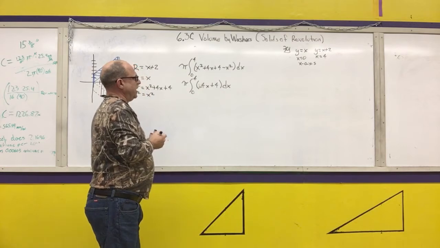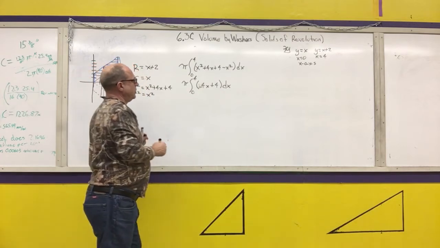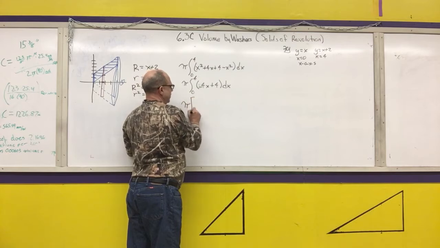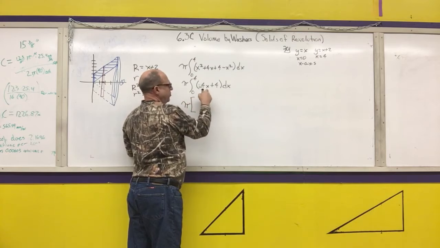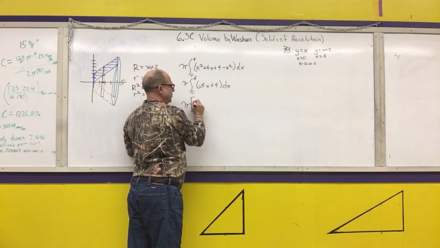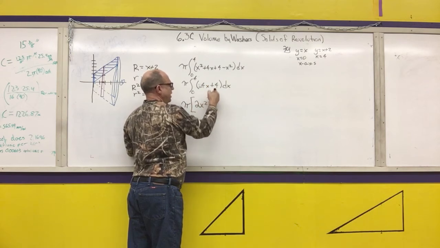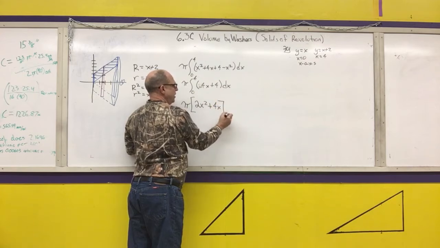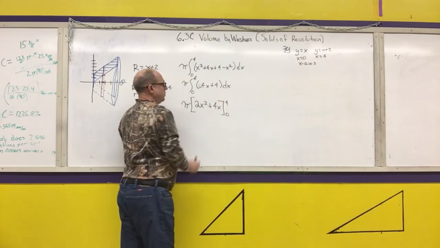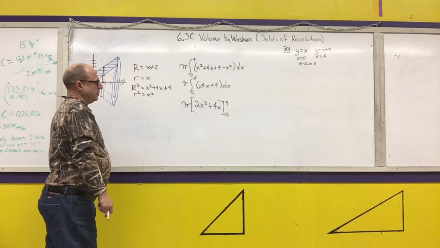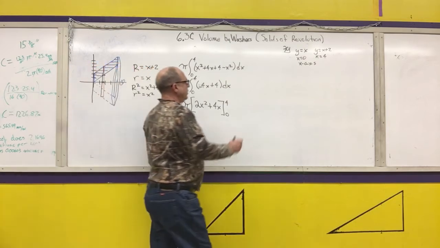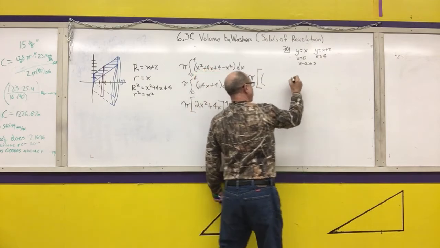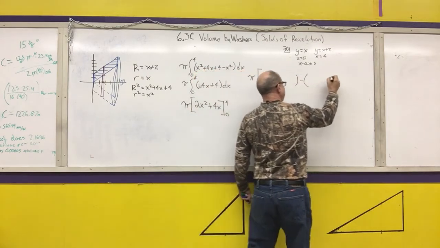I'm going to anti-differentiate and evaluate. Antiderivative, pi comes along for the ride. Antiderivative of 4x is 4x squared divided by 2, which would be 2x squared. Antiderivative of 4 is 4x, evaluated between 0 and 4. So to evaluate, it's pi times the quantity of the upper limit minus the lower limit.